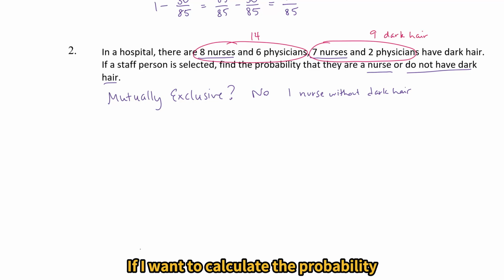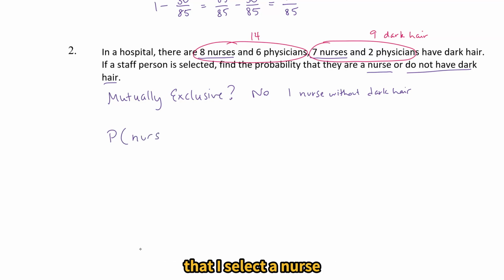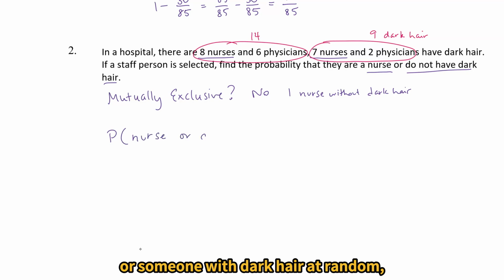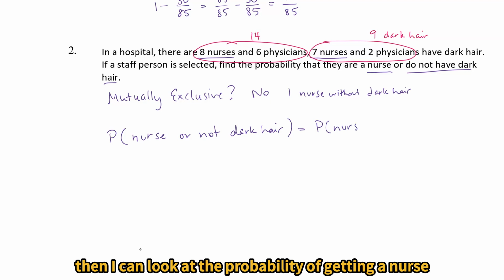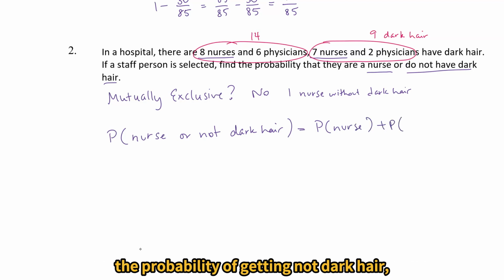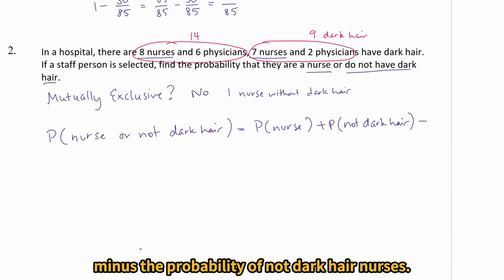If I want to calculate the probability that I select a nurse or someone with not dark hair at random, then I can look at the probability of getting a nurse, plus the probability of getting not dark hair, minus the probability of not dark hair nurses.